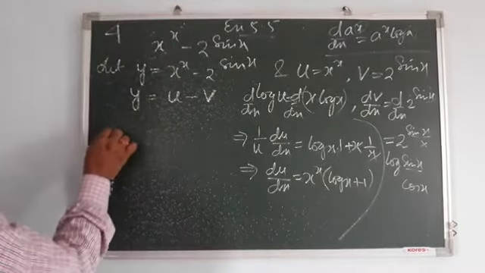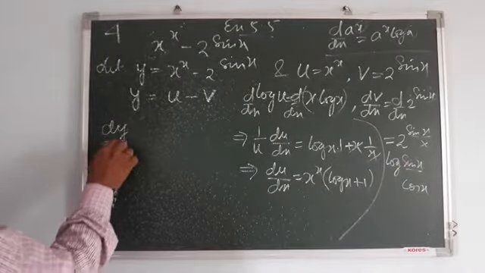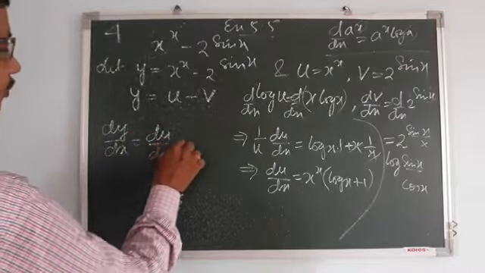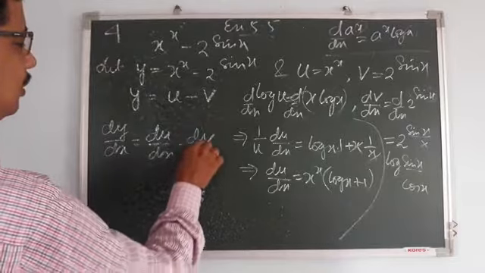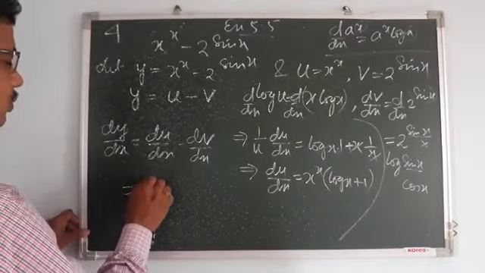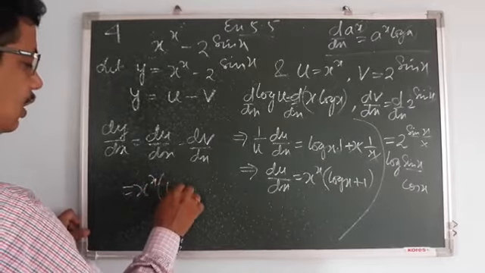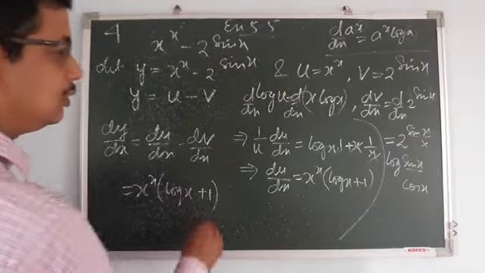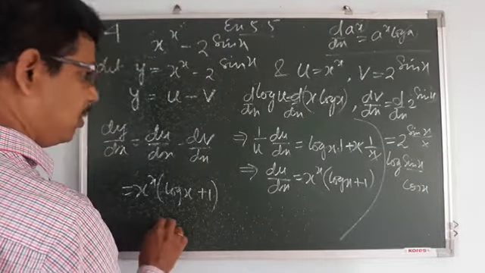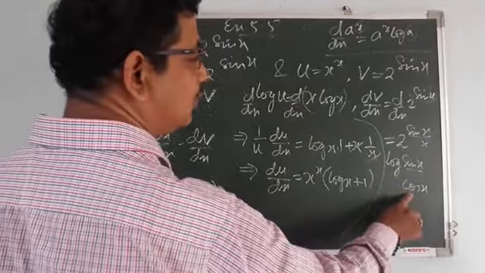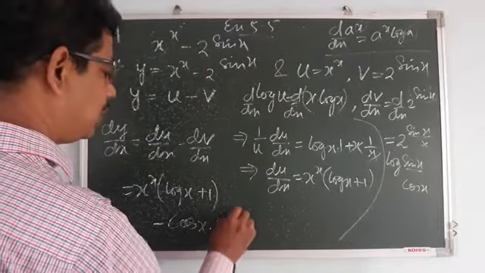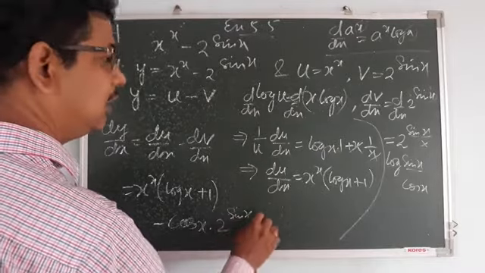Now see here, if we want to write dy dx, then of course it will be du dx minus dv dx. Now I will replace their value. du dx, here we can write x to the power x log x plus 1. dv dx is this total term in multiplication form, minus, I will write cos x first, then 2 to the power sin x, then log.